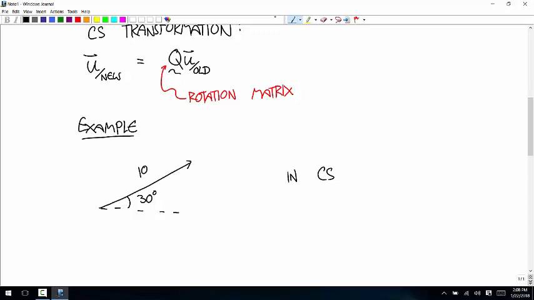In this coordinate system, that vector would be 8.66 for x, 5 for y, 0 for z.